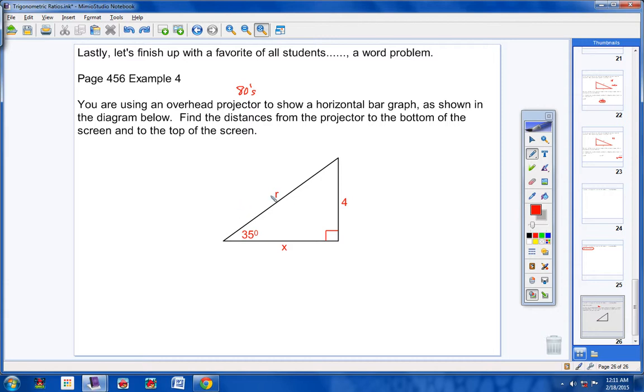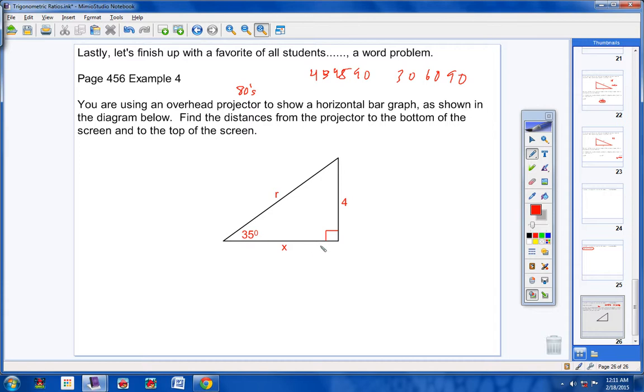Now, first of all, notice we have a right triangle. Second of all, notice we're missing two sides. 1, 2. I mean, man, doggone it. If we knew two sides, we could use Pythagorean's theorem and find the third side. Or, remember, if we had one of our special triangles, remember our special triangles, 45-45-90, 30-60-90, if we had one of those, and you know one side, you can find the other two sides, but we don't, guys.